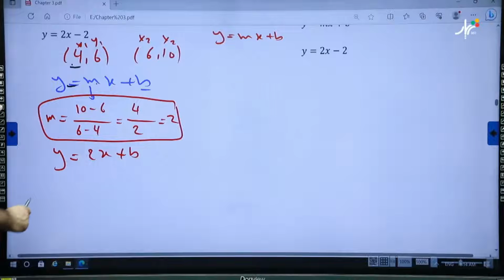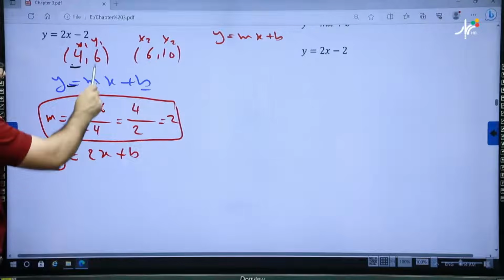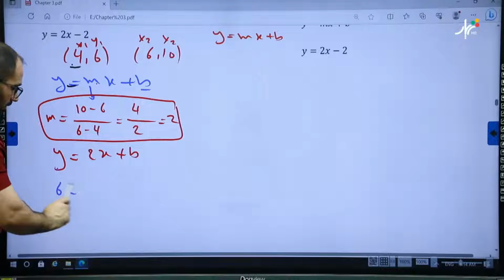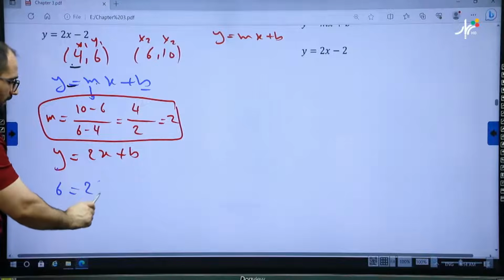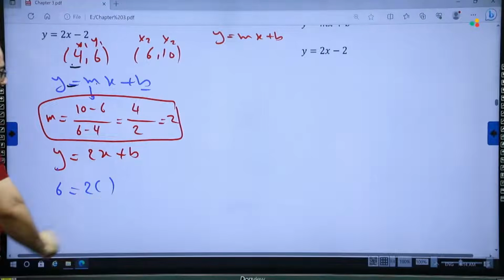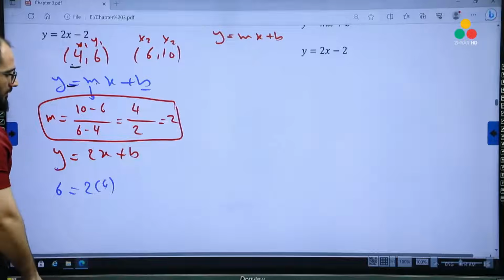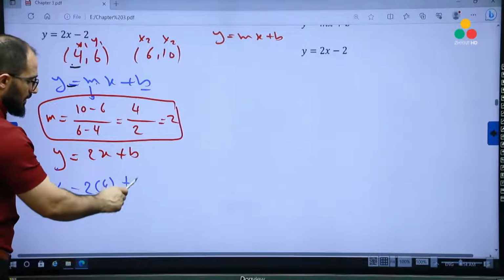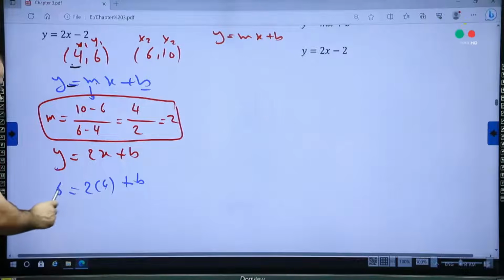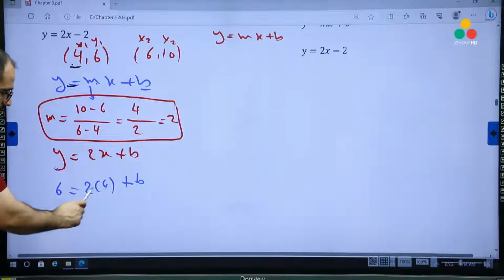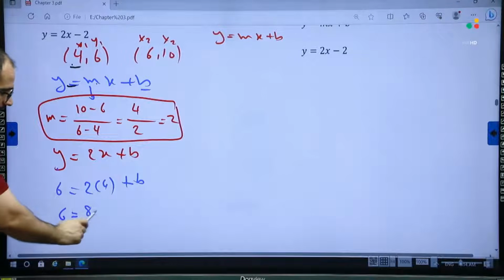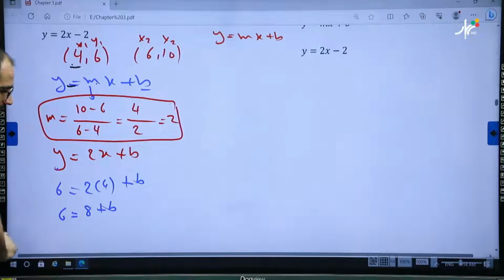Let's write it. y, I will write 6, is equal to 2 times x, and instead of x, I'll write 4, plus b. Okay, 6 is equal to 2 times 4 is 8, plus b.